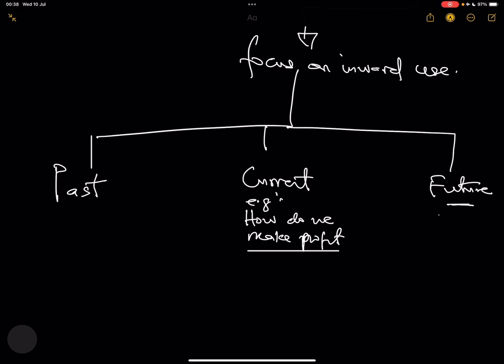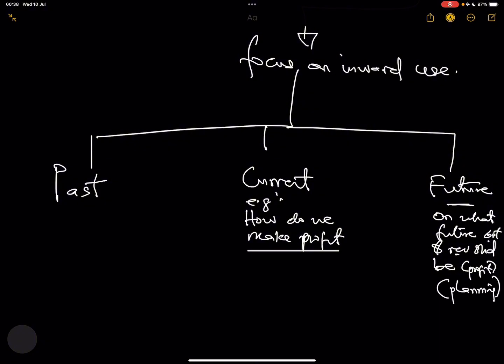So this is about decision on what future cost and revenue should be. And when you know what your cost and revenue should be, what you're trying to predict is your profit. So this is about planning for the future. This is about now. Results. However, this is about control.